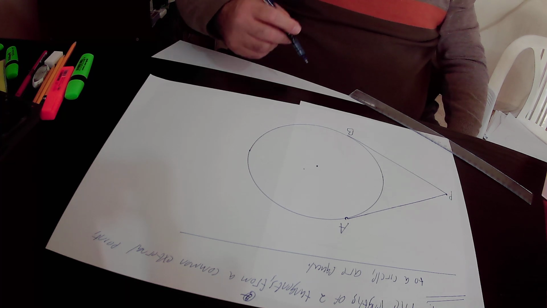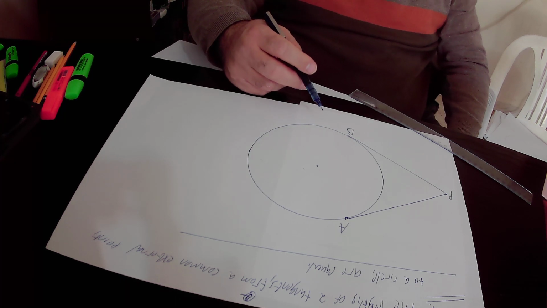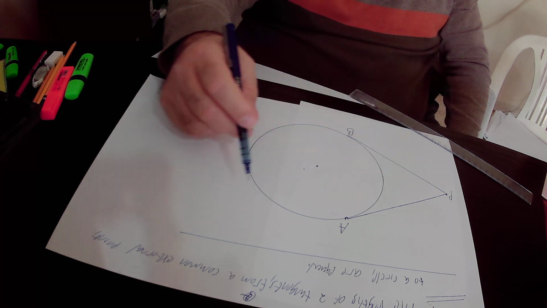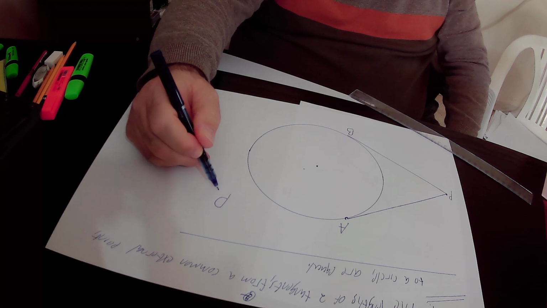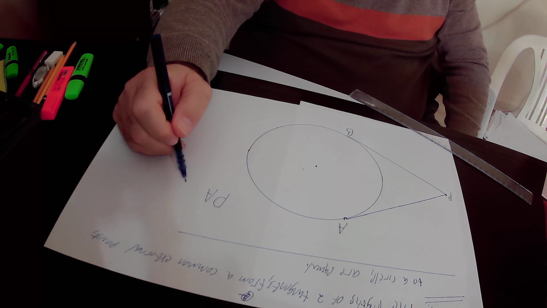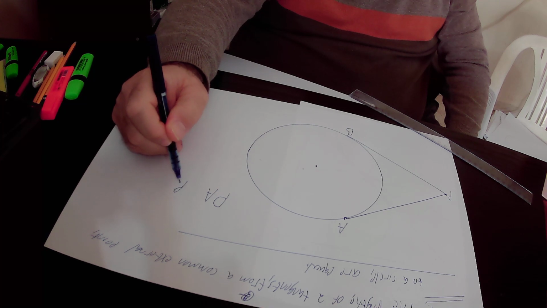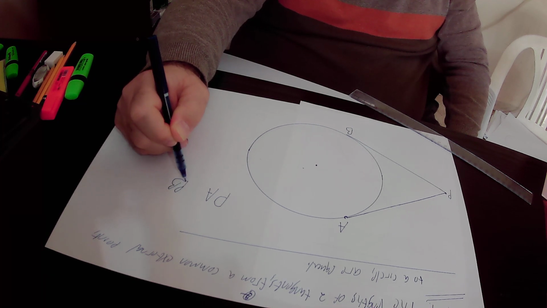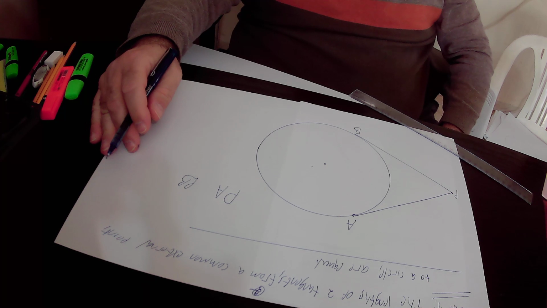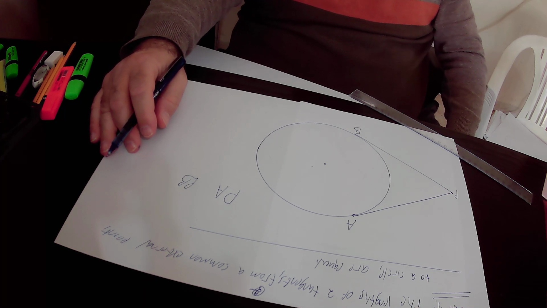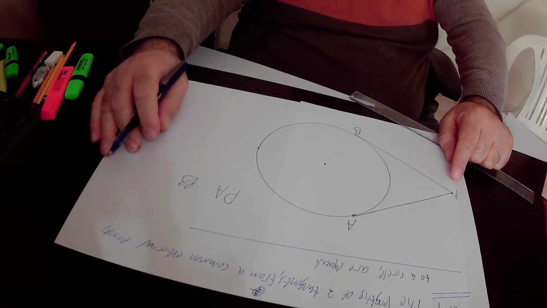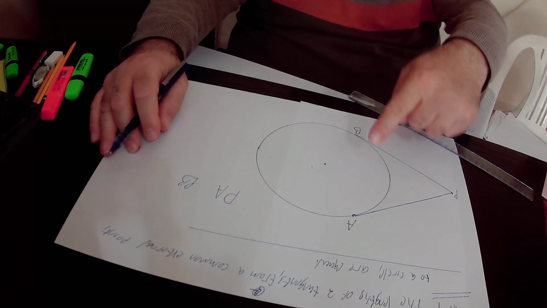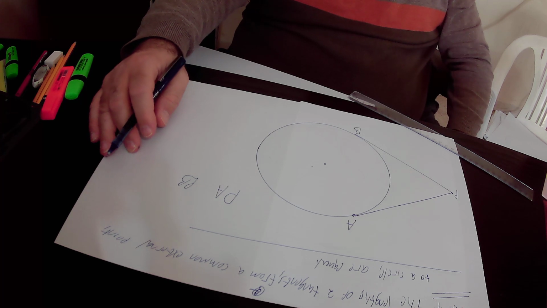According to rule number 1, the length of the first tangent is PA and the length of the second tangent is PB. And according to rule number 1, the lengths of two tangents from a common external point, that is to say from point P to a circle, at points A and B, are equal.